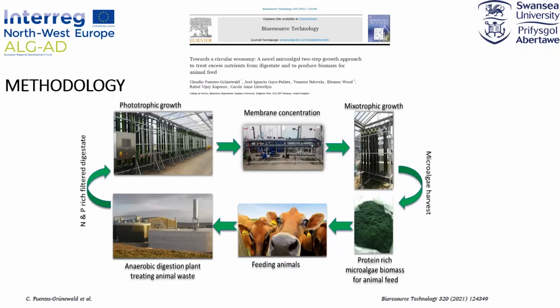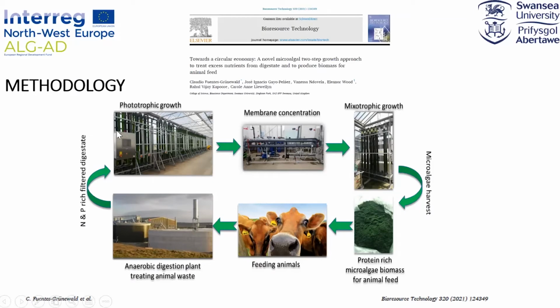We take this digestate and pass it through a microfiltration system, basically membrane technology, and we were able to collect what we call pure filtered digestate. This pure filtered digestate contains a high amount of ammonia and phosphate, and we use that as a nutrient for the phototrophic growth.